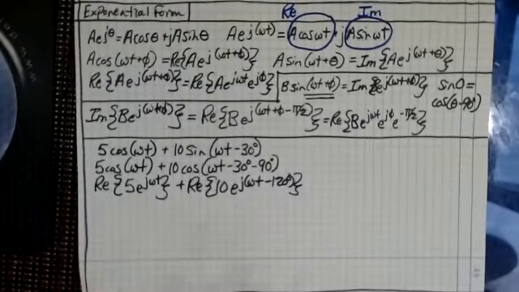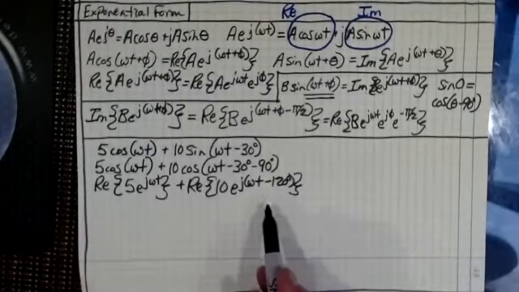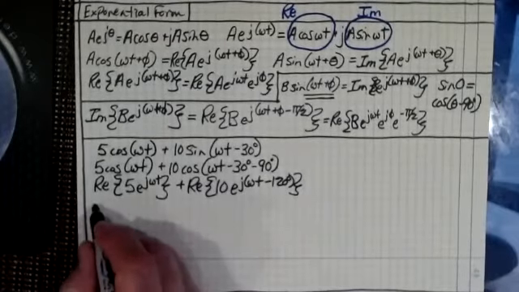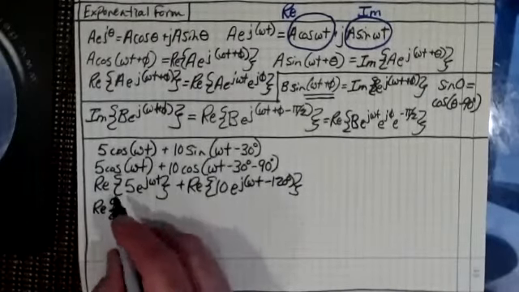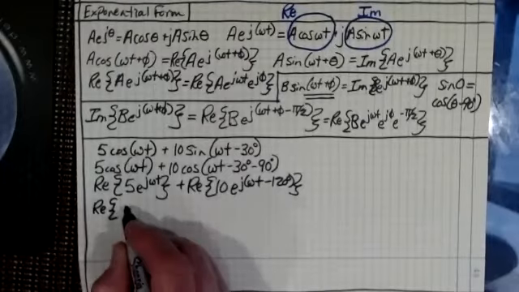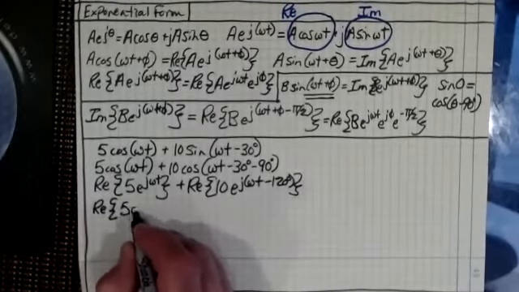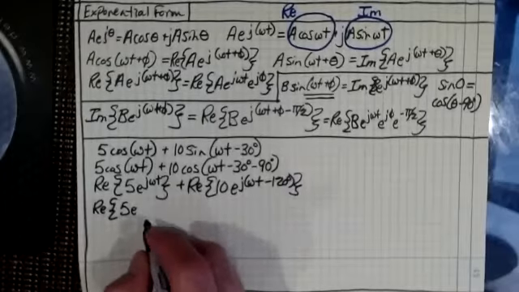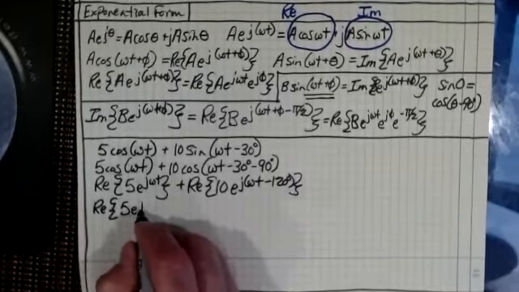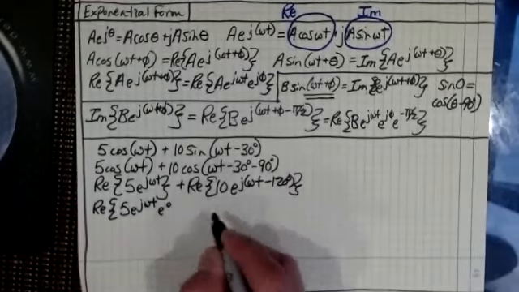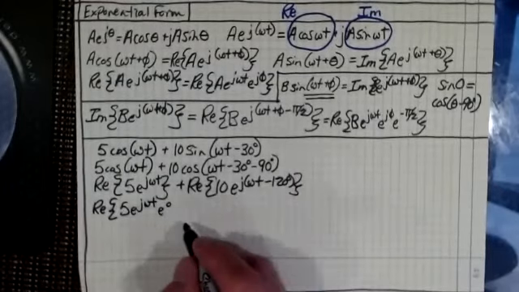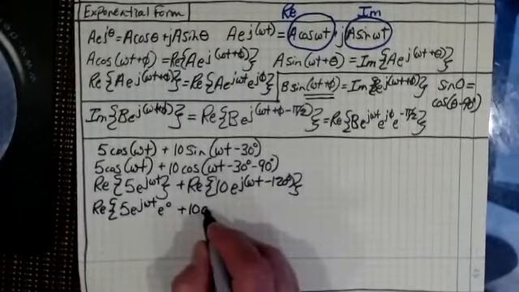So now I've got this all set up like this, and I can rewrite this. Now I've got the real part of 5e to the j omega t, e to the j0, plus 10 e to the j omega t, and then e to the minus j 2 pi over 3.